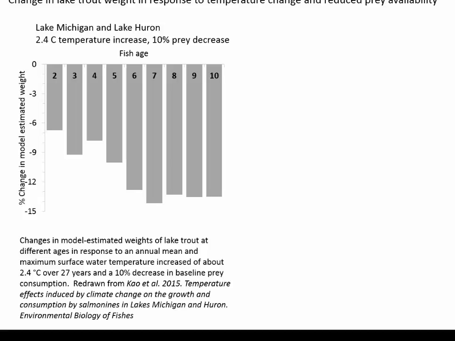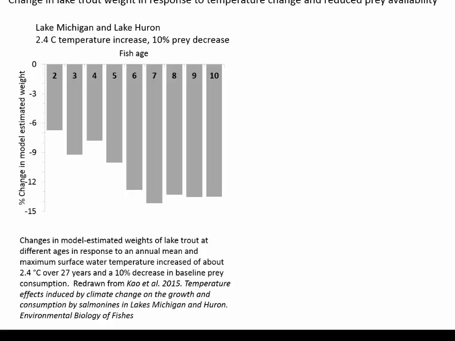Chuck Madenjian and his student from University of Michigan modeled the effect of increasing water temperatures and reduced prey for lake trout in Lake Huron and Lake Michigan. And I've redrawn their results from that paper.